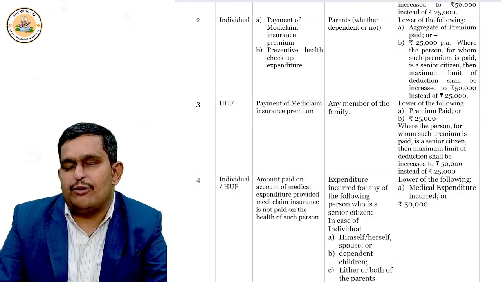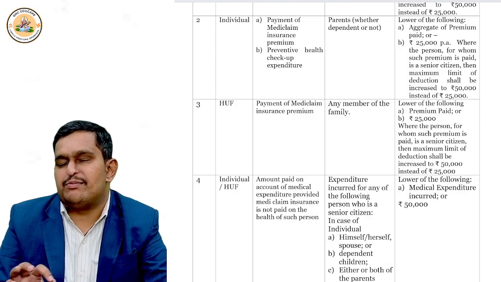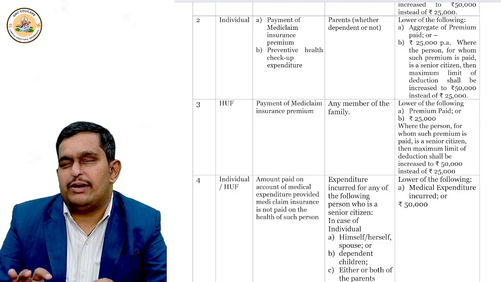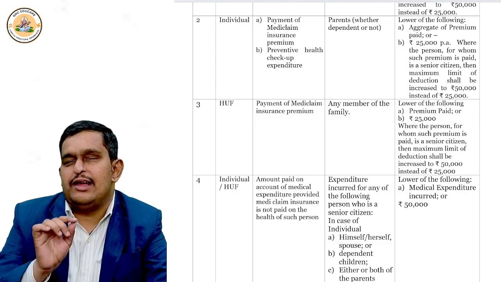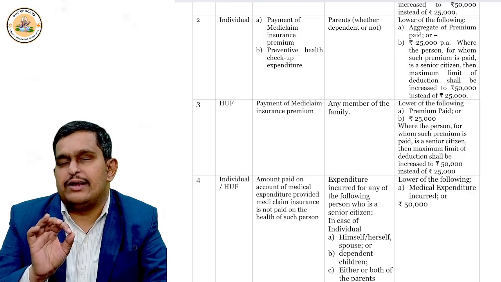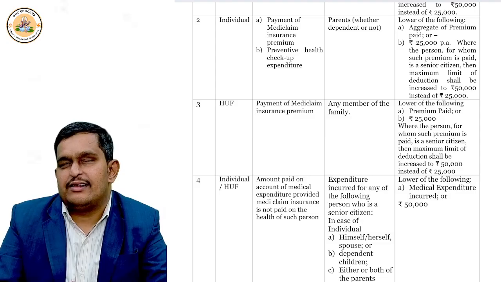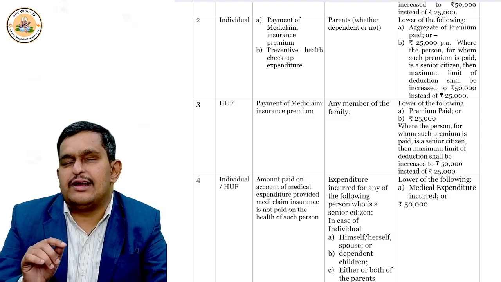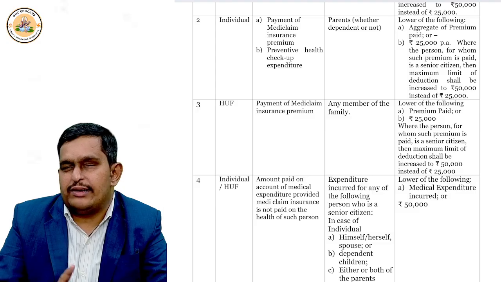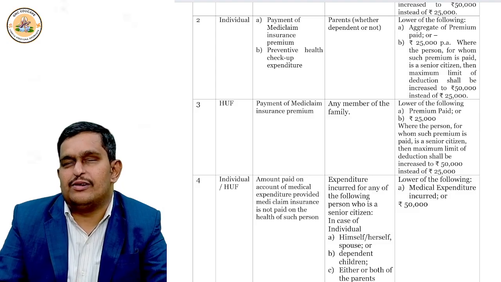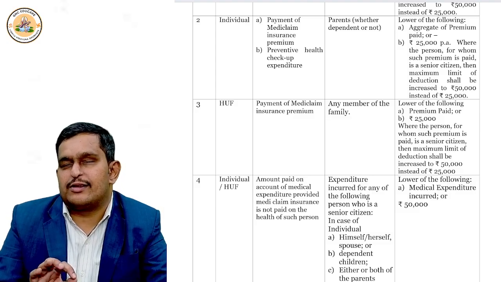So in category 4, it may be individual, it may be HUF, but the expenditure is purely medical treatment expenditure, right? Point is clear to you? Very good. Now let's go to the next point.